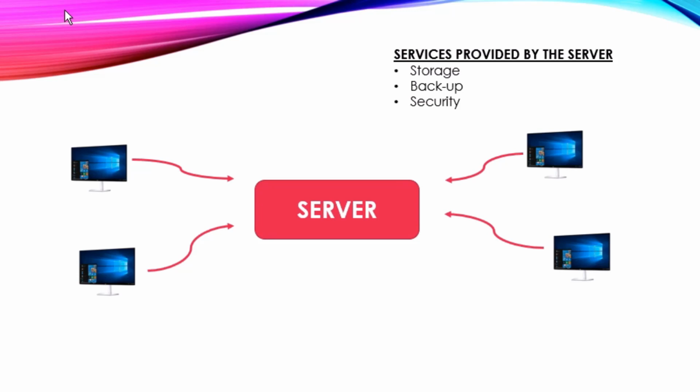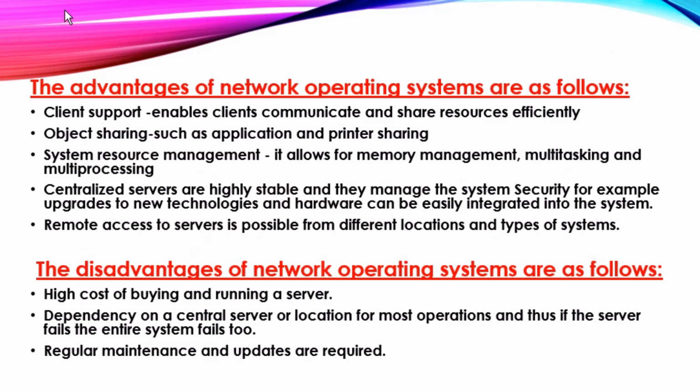Advantages of the network operating systems are as follows. This network operating system offers client support. This enables clients to communicate and share resources efficiently. It also offers object sharing advantages. This enables applications and printer sharing. This operating system also offers system resource management.